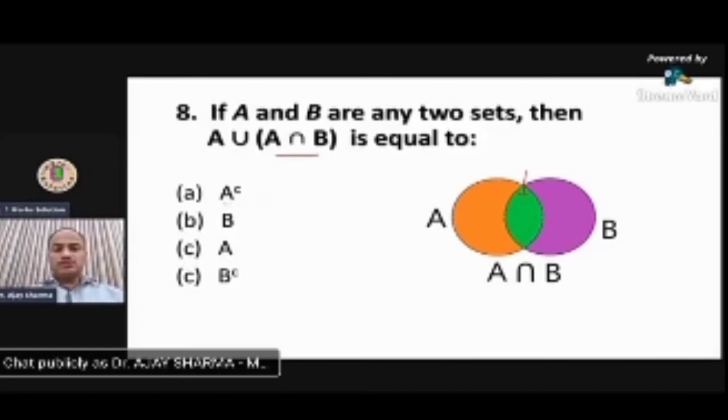Now what is this first option? A complement. A complement means excluding this set A, the rest of everything. Suppose this entire thing is in a box. That box is known as the universal set, which contains all these sets.